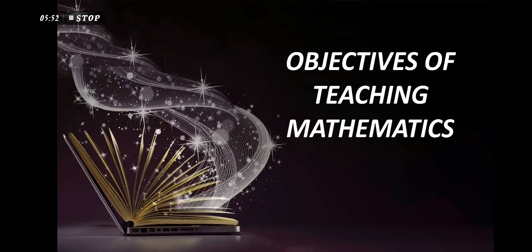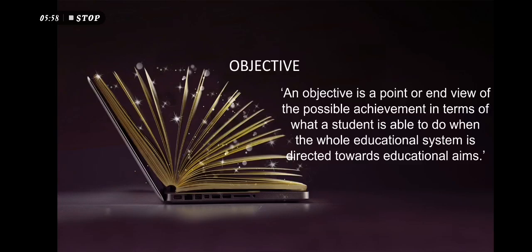Then next one is objectives of teaching mathematics. The term objective may be defined as a point or end view of the possible achievement in terms of what a student is able to do when the whole education system is directed towards educational aims.